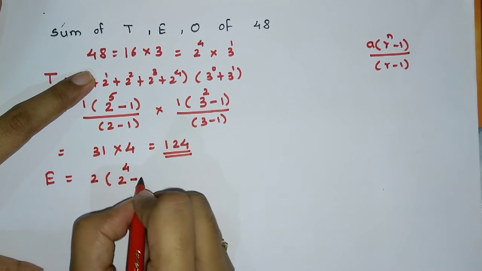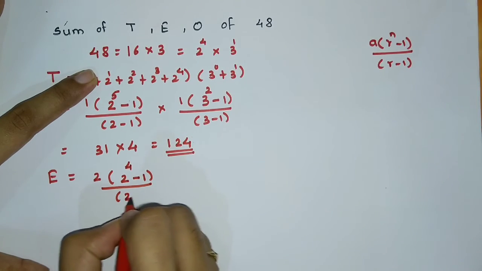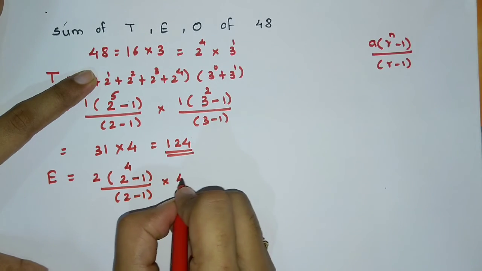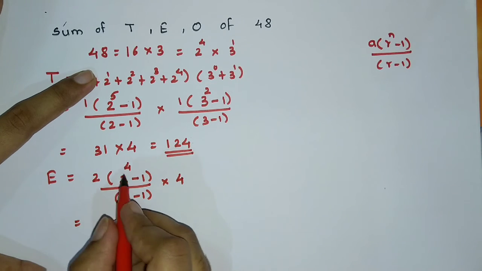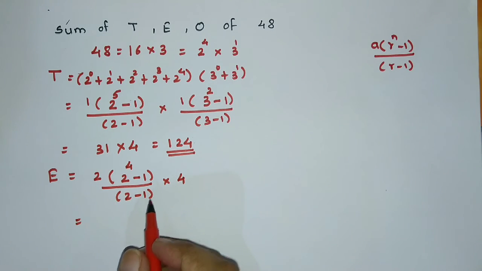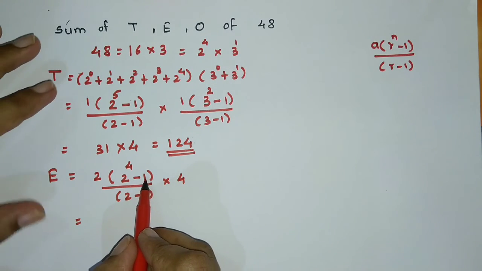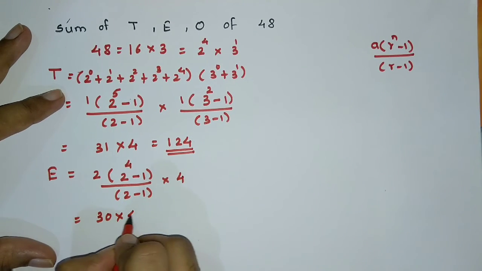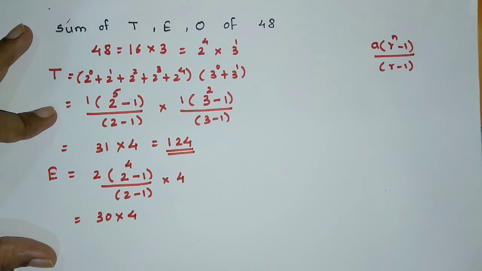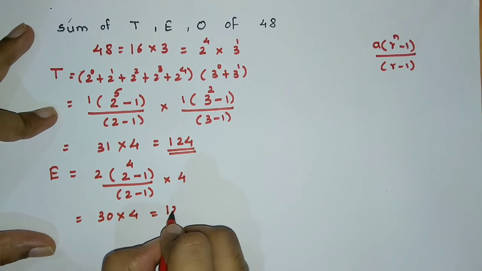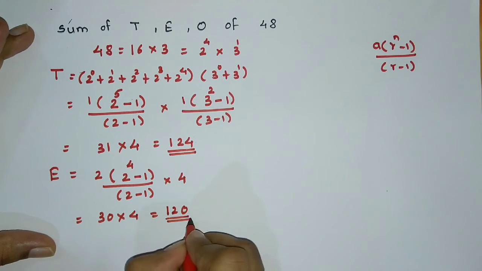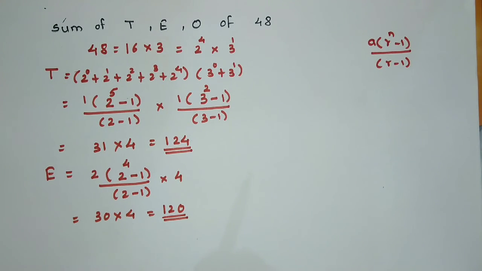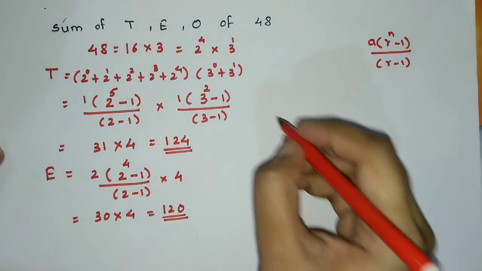Number of terms 4, so 2 raised to 4 minus 1 divided by 2 minus 1, into this same one, which is 4. Now it is 16 minus 1, 15, 15 into 2, 30, into this 4. This is 120. So 120 is the sum of even factors.